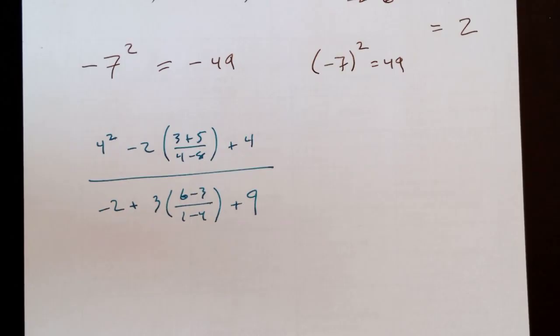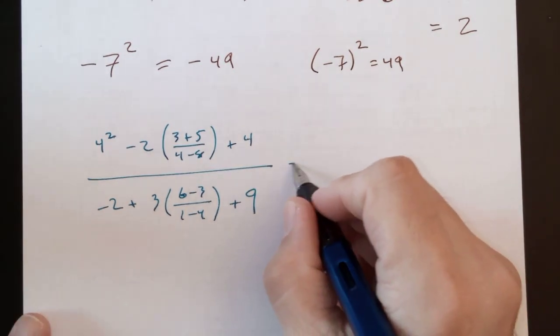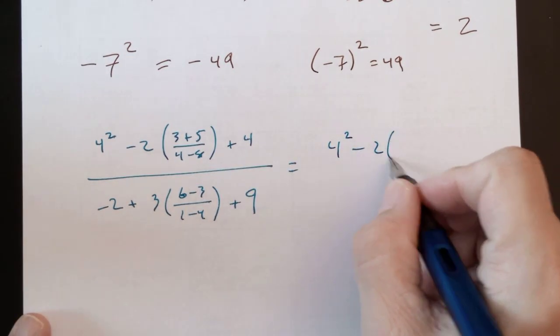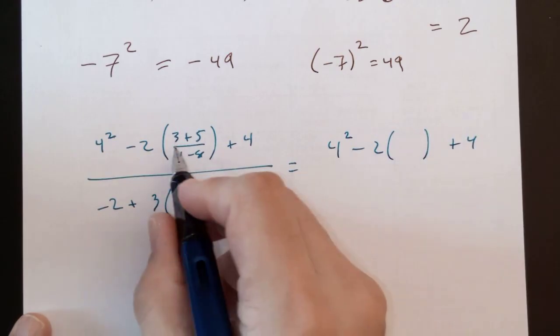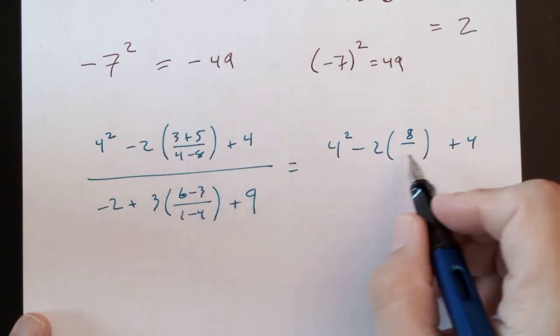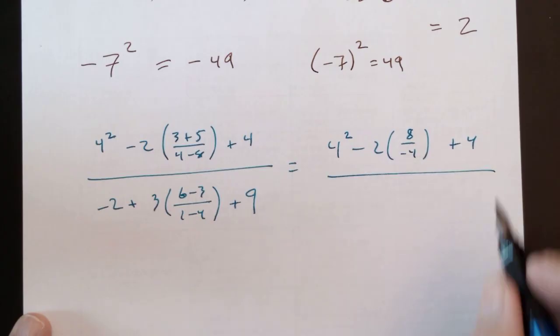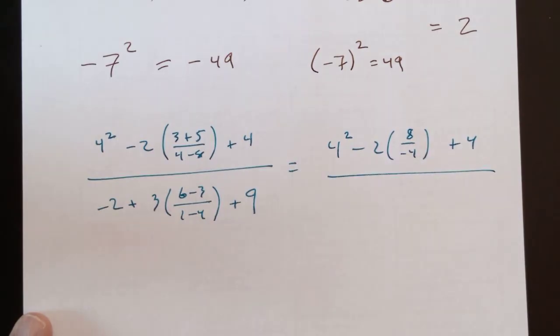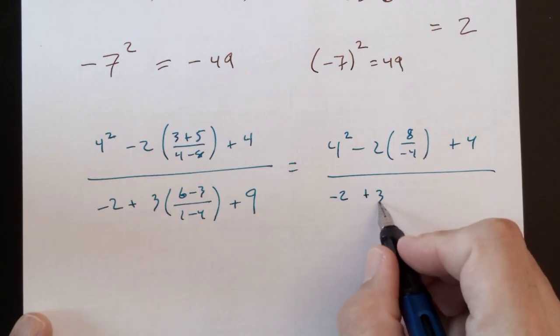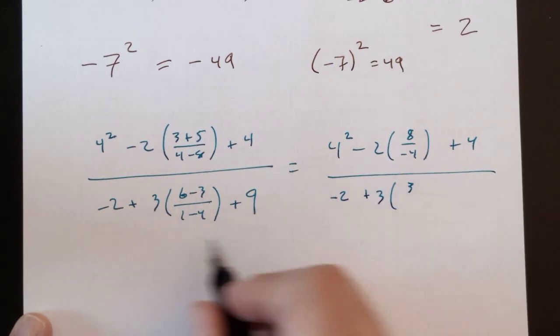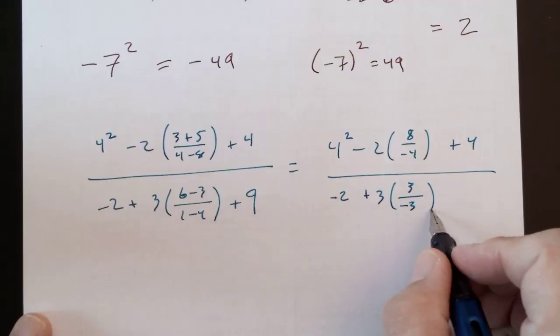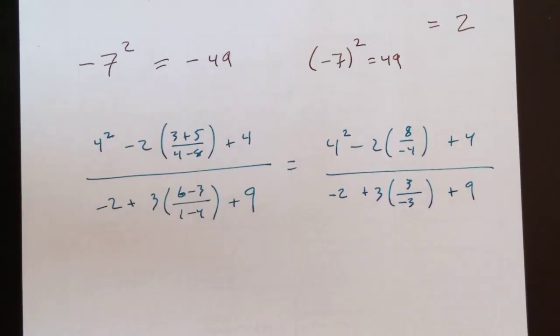I need to make it one number on top, one number on bottom, then figure out what the division is. I can do the same thing down in the bottom of the big fraction. 6 minus 3, 1 minus 4. And now I can do those divisions.